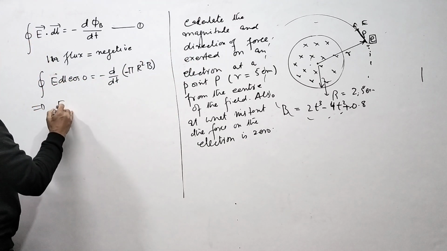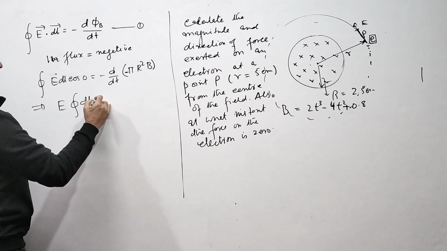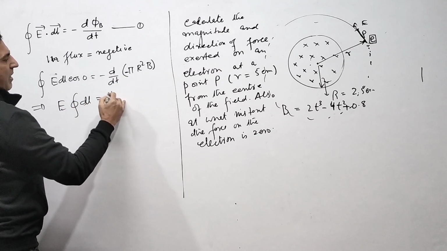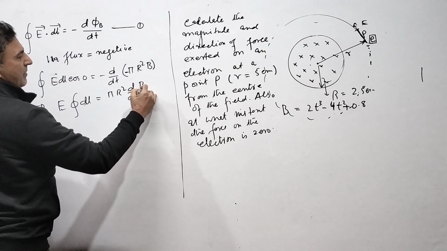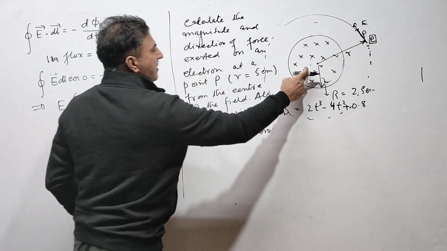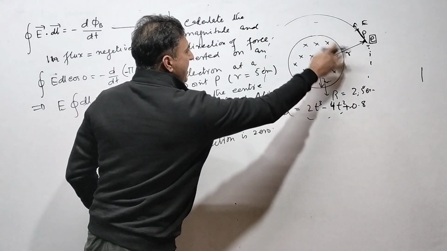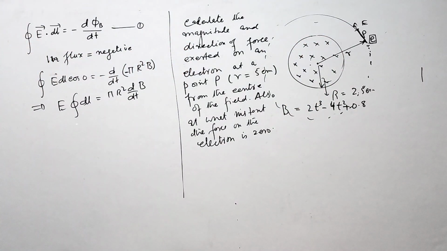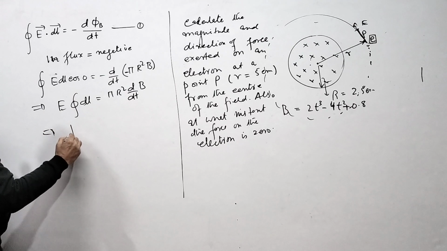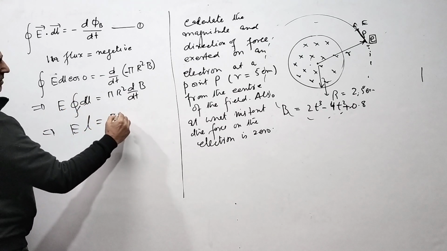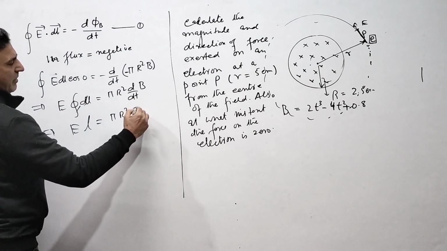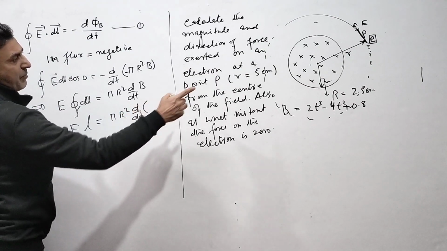So E out, integration of dl, is equal to pi r square out, and differentiation will be of the magnetic field, because it is the magnetic field which changes and causes the change in flux, not the area of this cylindrical region. So it will be E times L equals pi r square d by dt of B. What is the magnetic field given?